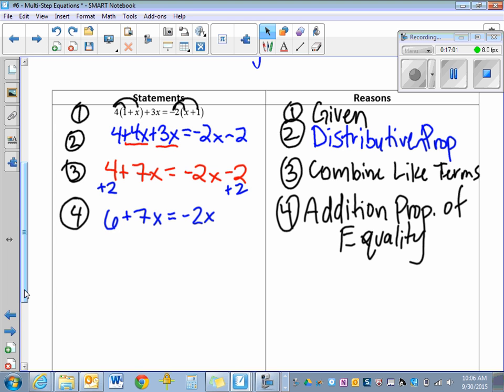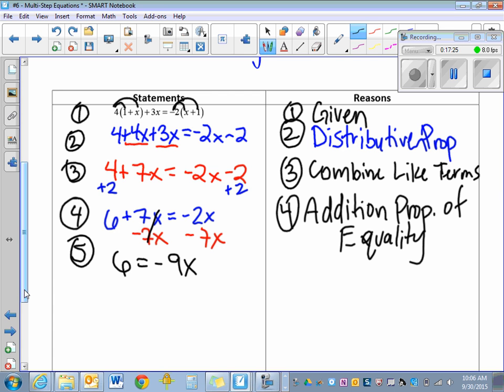Good, so we want to move our 7x over, but in order to cross the equal sign, we have to do the opposite, right? So we have to subtract it. Alright, so we have then 6 equals, those cancel, -9x. So we subtracted the same thing from both sides, so the subtraction property of equality.